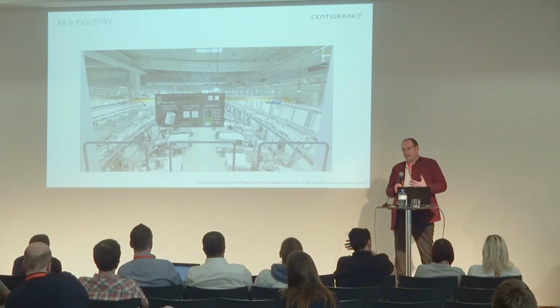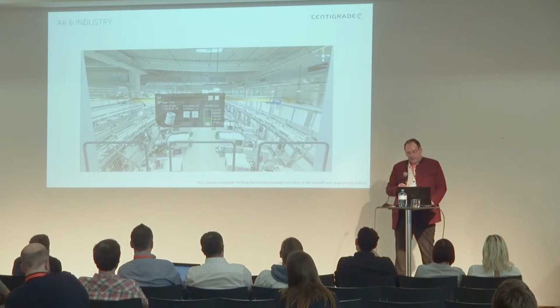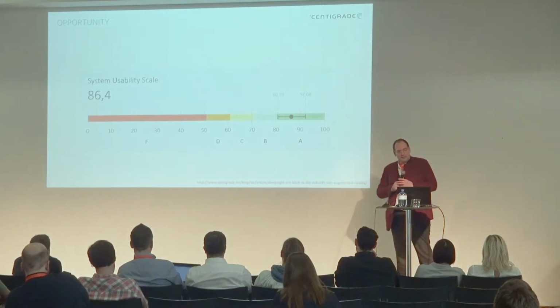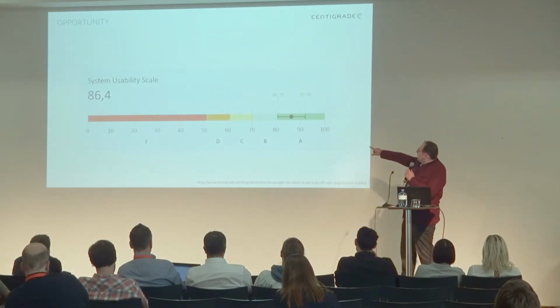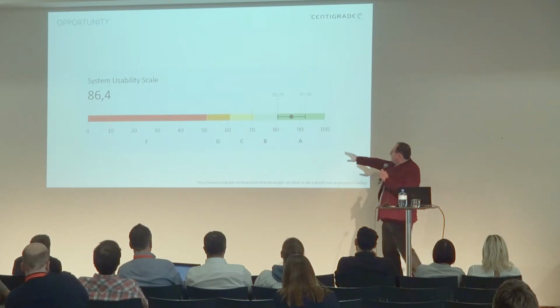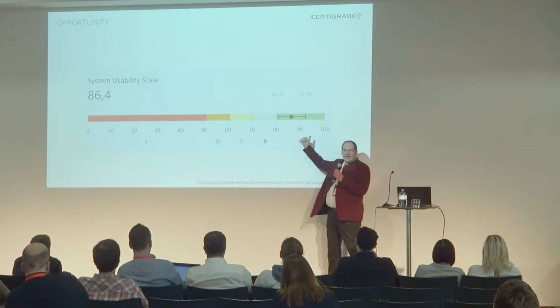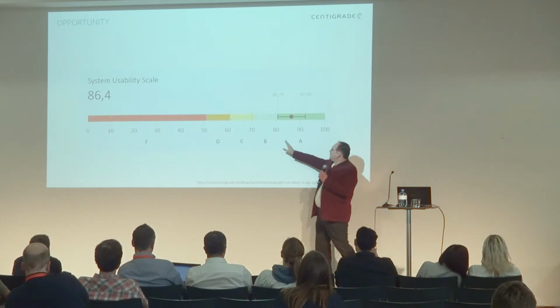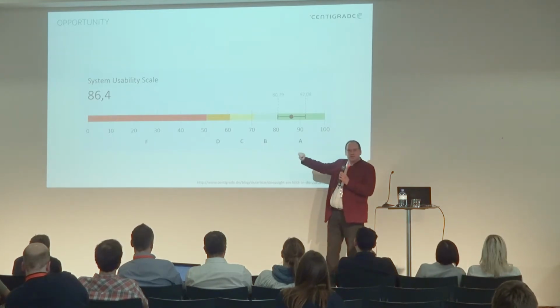And we also did, and that's the cool stuff, my colleague also did a usability test. So we checked up how this really has been perceived by the people, and therefore we had a system usability scale result, which is a good A, which is a 1 in German. So it's pretty good. Everything below 70 is not very good.